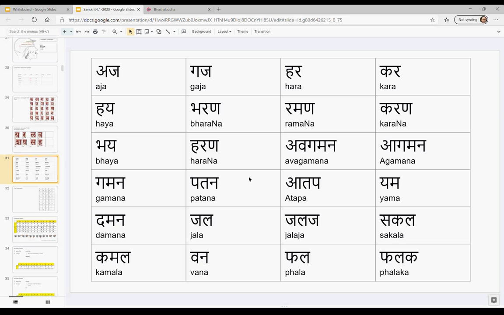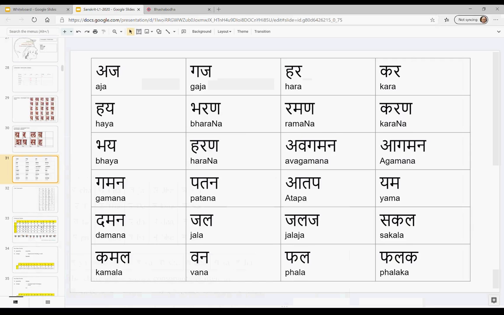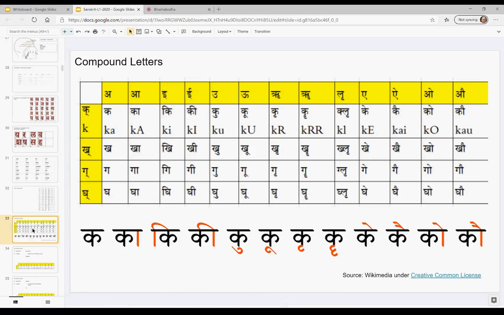By adding one line, we can write different letters. For example, the examples are here, like ka, ka, ki, ki, ku, ku. So one example is shown on the last line here.